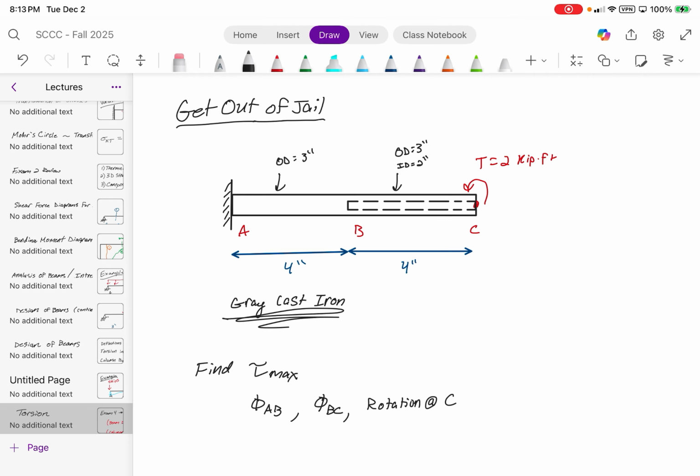Still working it. How about you? Because now it's like a step thing, so you need to check both sections.